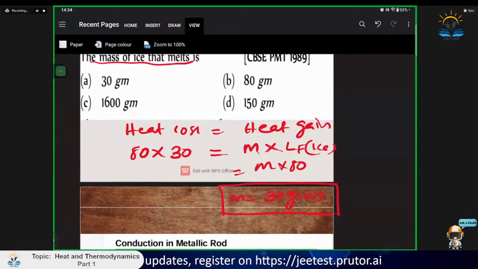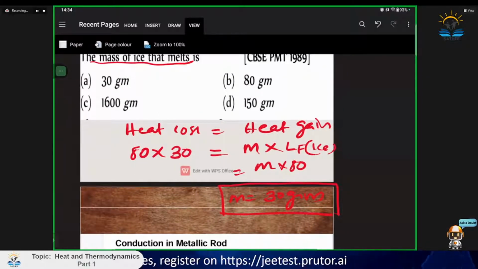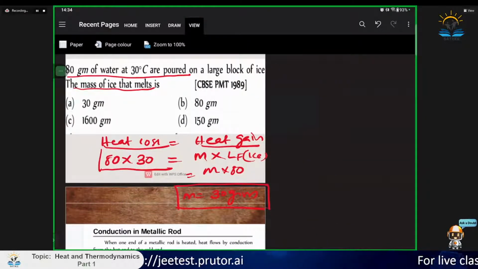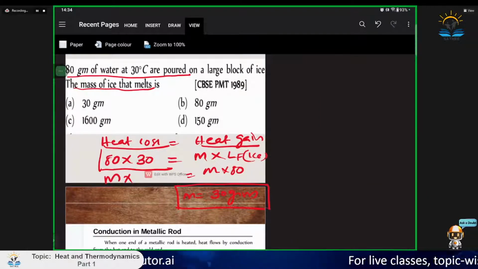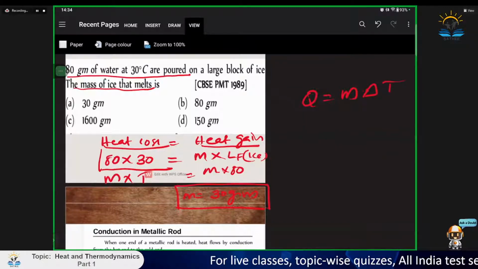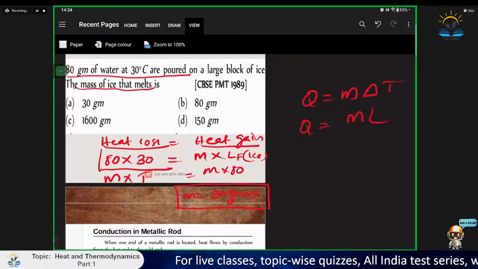Why is heat loss 80 into 30? What is 80? It is m. What is 30? It is delta T. We know Q is equal to m into L and Q is equal to m into delta T. Two equations I used here.